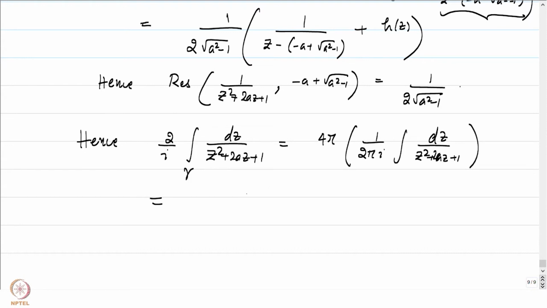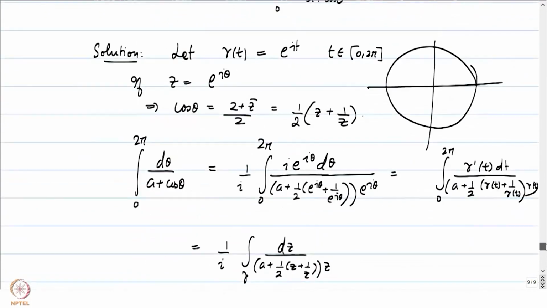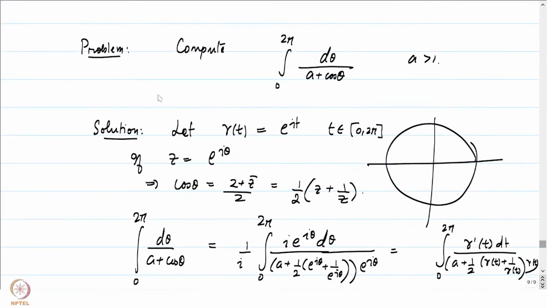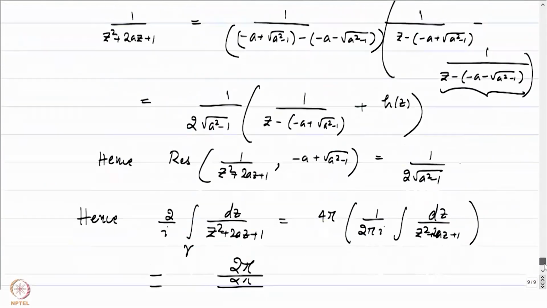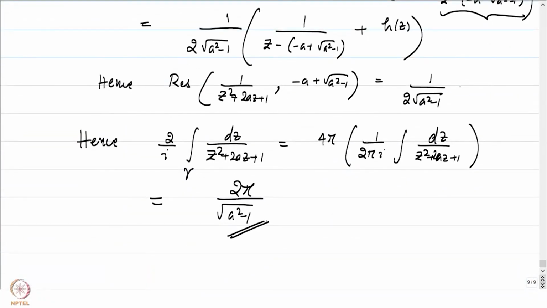This is going to be equal to 2 pi by square root of a square minus 1. If you notice, it is remarkable that a purely calculus problem was reduced to a problem on the complex plane, and the theory of residues was used to compute the answer.